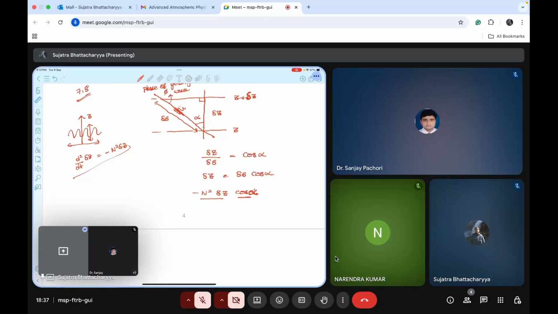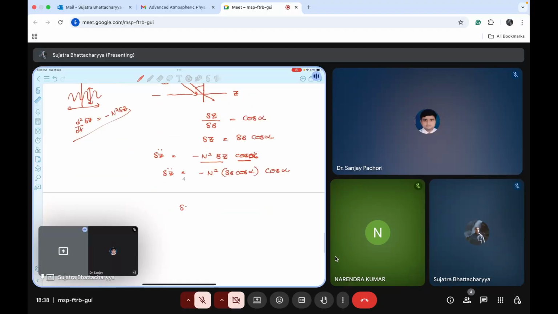But right now, instead of moving vertically, it is slightly slanted by an angle alpha. So it should be like this. One was here, now it is here. So this is now cos alpha. Can I write this as minus N square delta S cos alpha into cos alpha? Remember, this is nothing but delta Z double dot, the delta Z acceleration.